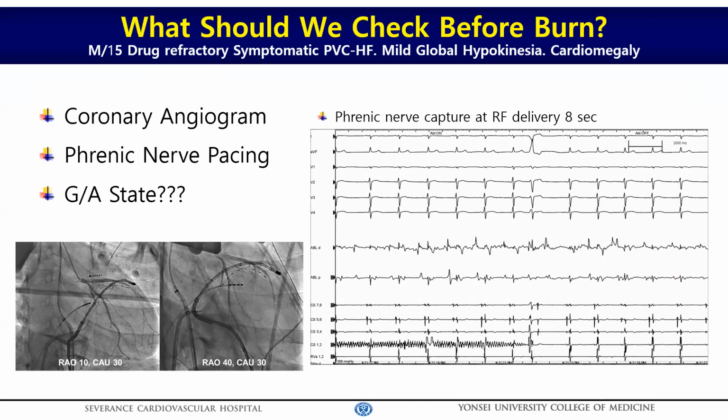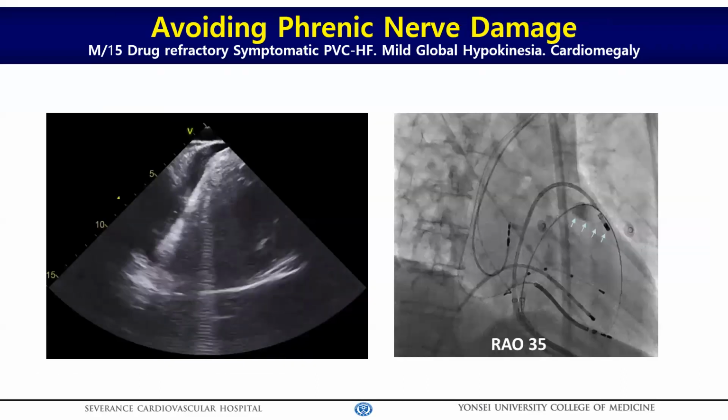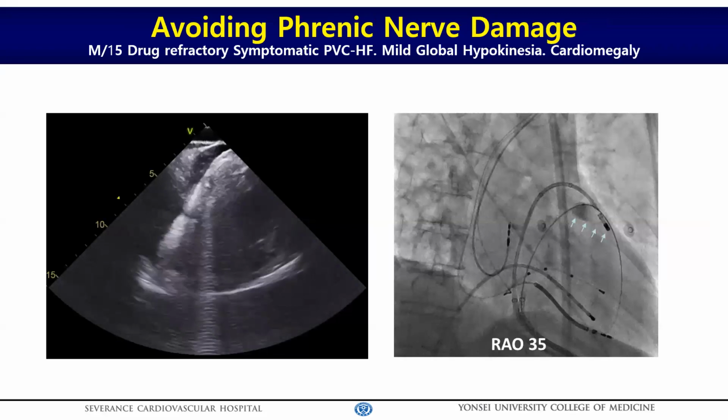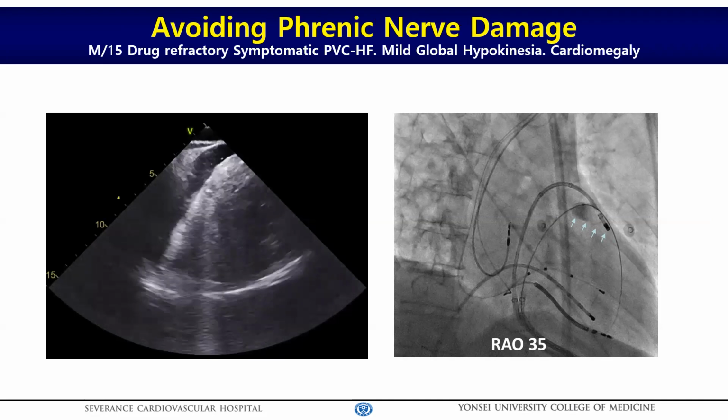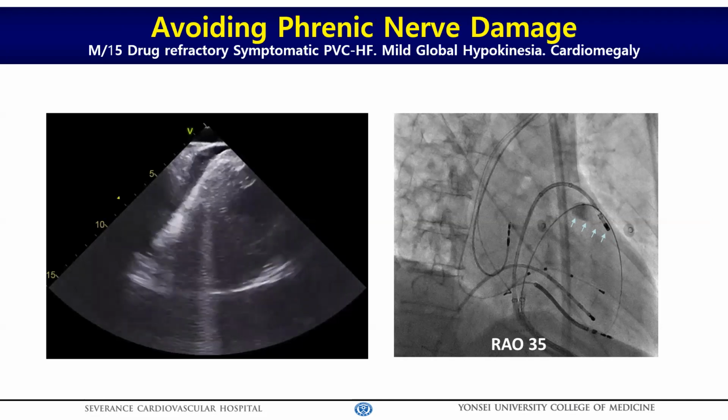So what should we do next? There are two ways to avoid phrenic nerve injury in this situation. The first one is filling the pericardium with saline, 80 to 150 milliliters. If the phrenic capture threshold is less than 5 mA, you can try it again.